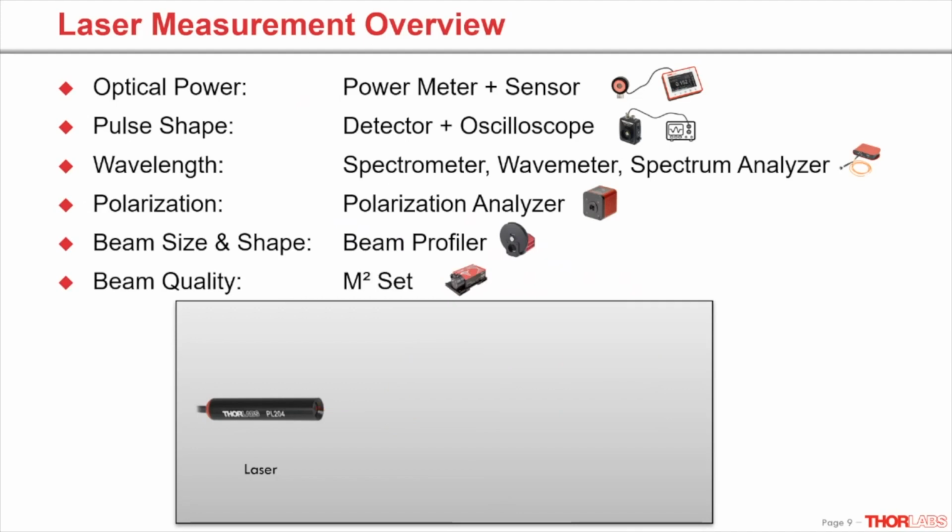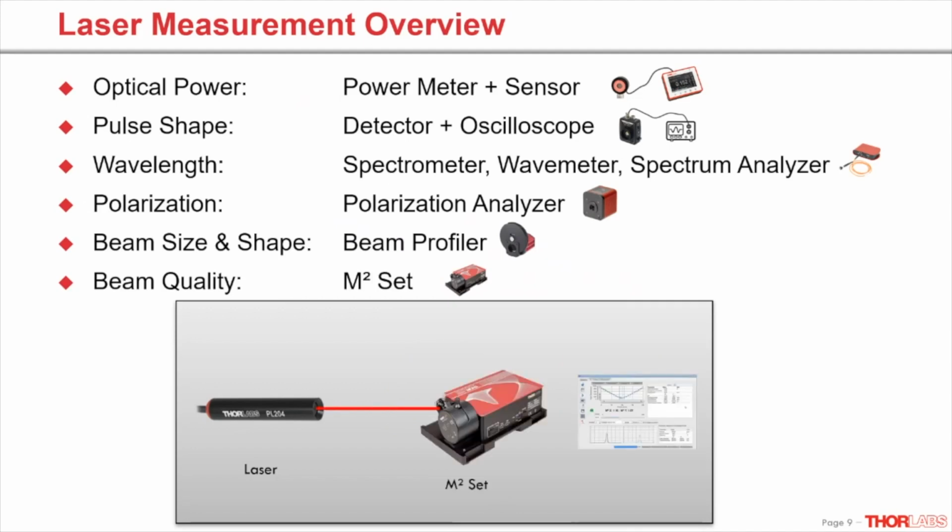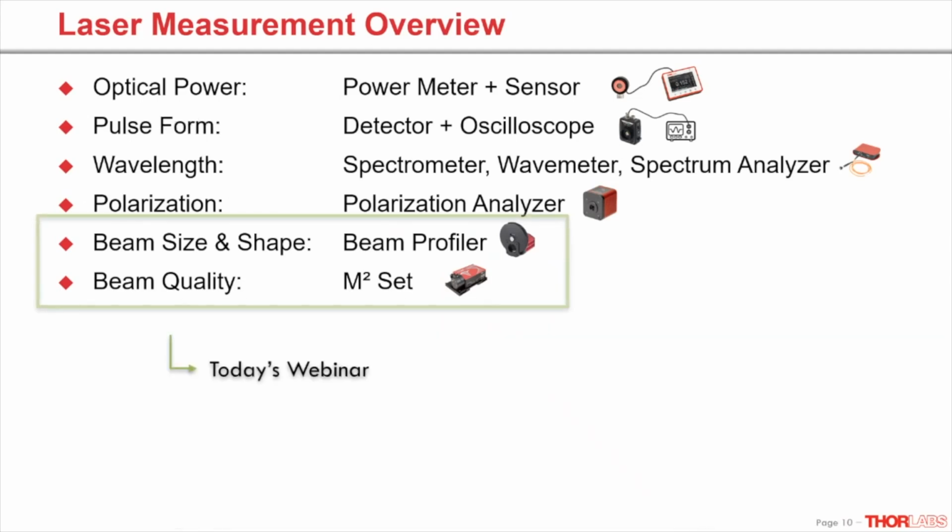In order to be able to make a statement about the beam quality, and thus about the quality of the laser source, a beam profiler in combination with an M-square measurement set is required, which can scan and evaluate the beam in the direction of propagation. And here we see what we want to talk about today.